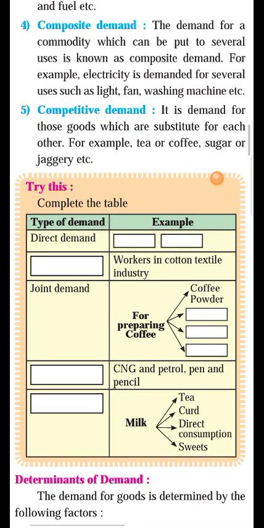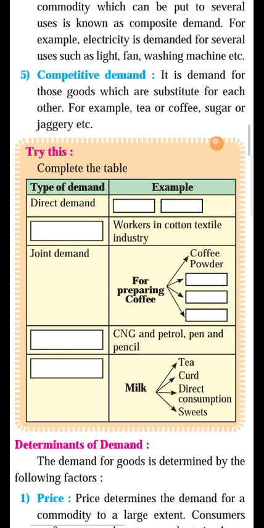Number 5, last but not the least, is competitive demand. Competitive demand is a situation where two commodities compete with their substitute. It means there is a competition between two commodities. Competitive demand is also called cross demand.